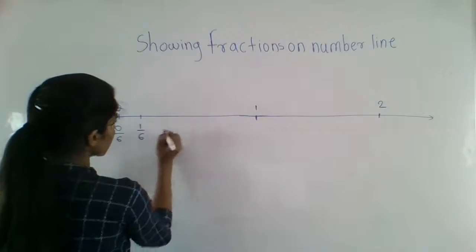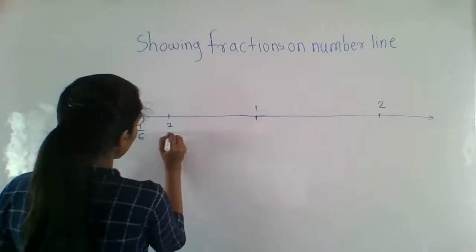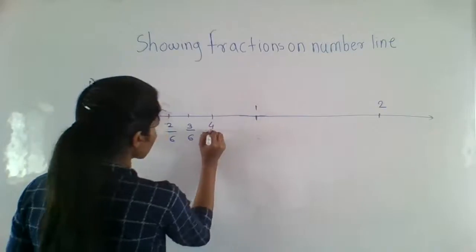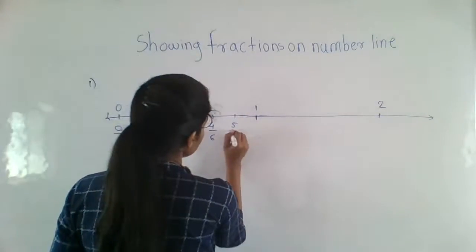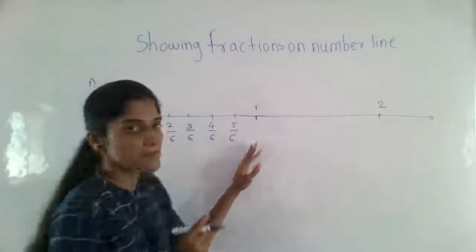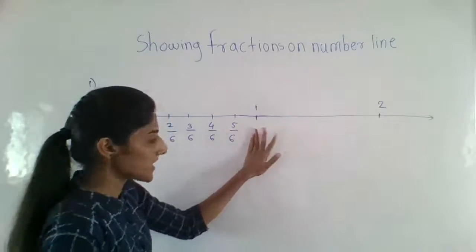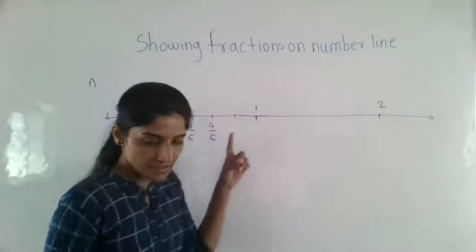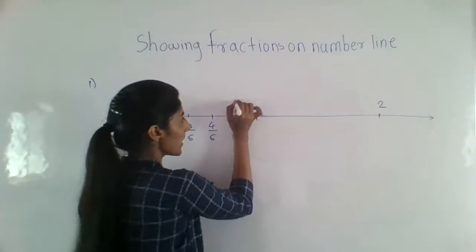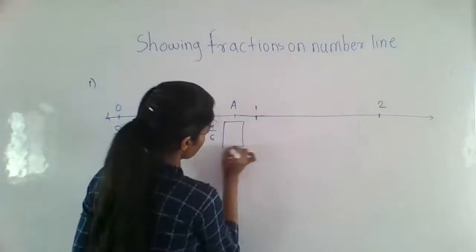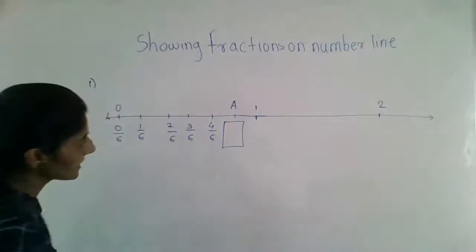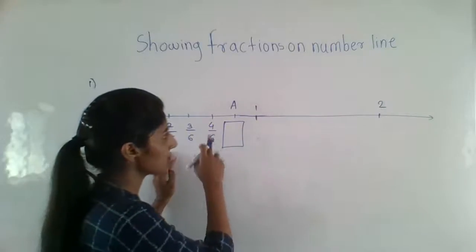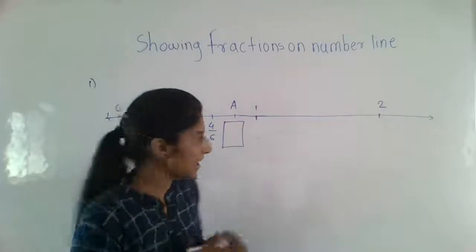Then 1/6, 2/6, 3/6, 4/6 and 5/6. Here 6/6. We know that this is 1, and here we have to find this value. Here A is the blank space. You know that 1/6, 2/6, 3/6, 4/6 means this part is divided into 6 parts.